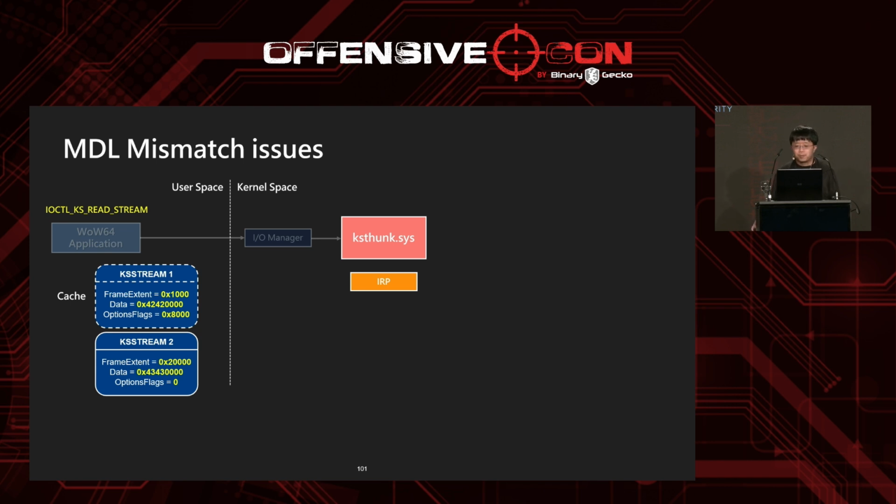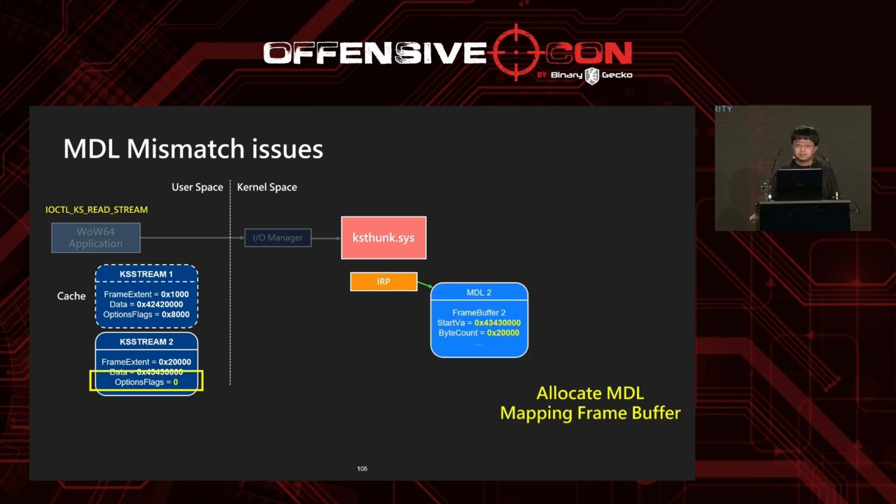For the second one, we set the size to 0x20000, but we do not set the cache flag. KSUNC will check each header as usual. Because the first frame has a cache flag, it skips MDL allocation. Then it checks the second frame. Since the flag is not set, KSUNC will allocate an MDL and map the frame buffer.